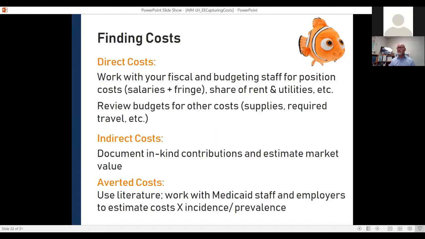They can also help you figure out how much of the rent and utilities your program is responsible for in terms of how much of the floor they use, or however they want to allocate it as a percentage. You could also review your budgets that you've submitted to the state or to the feds to see what other costs you might have itemized.